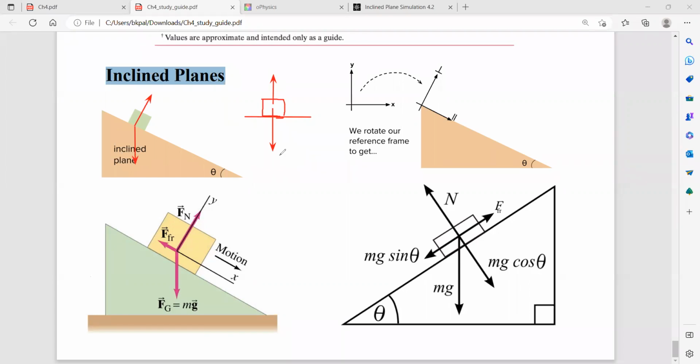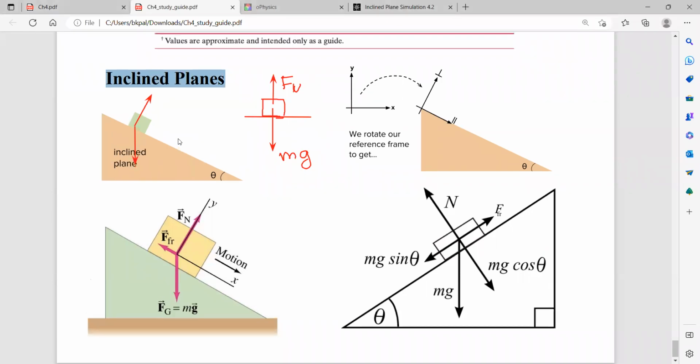This is mg, and this is the normal force. But now in this problem, it is a little bit different. So this is still mg, but the normal force is not just opposite to the mg. Okay, so the normal force this time is this one. Okay, all right.